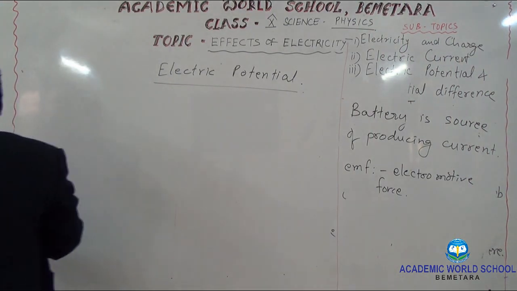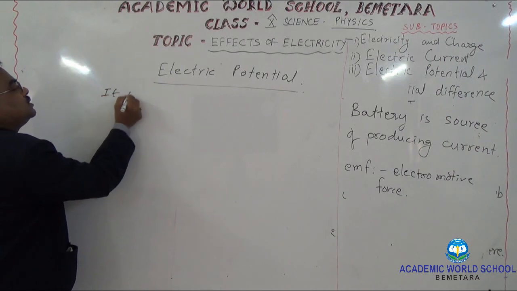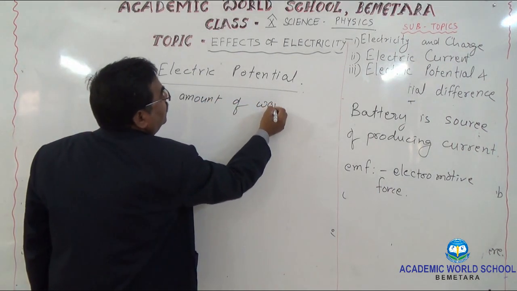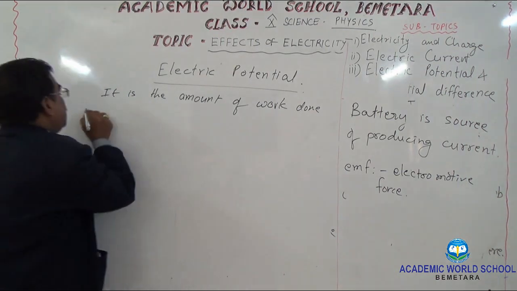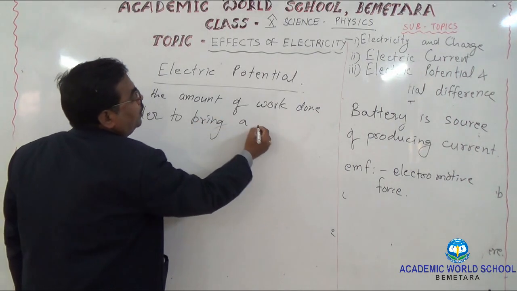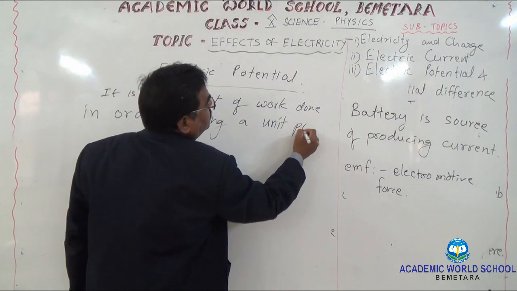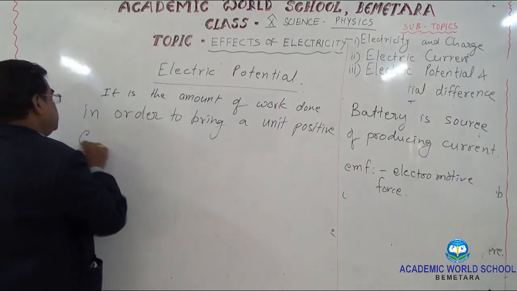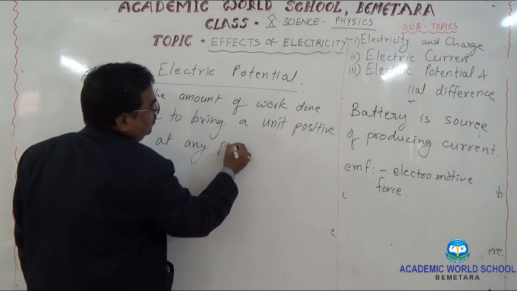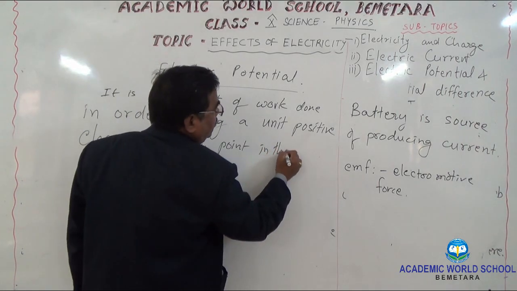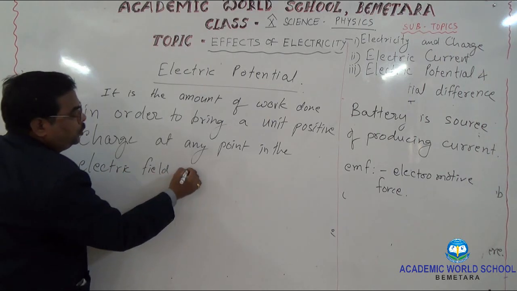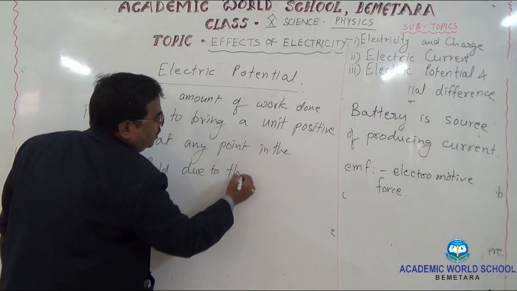Electric potential is the amount of work done in order to bring a unit positive charge to any point in the field of the other charge.